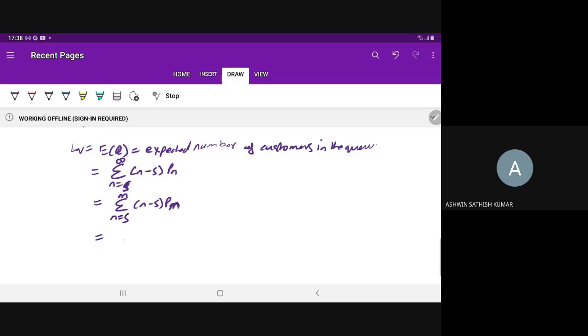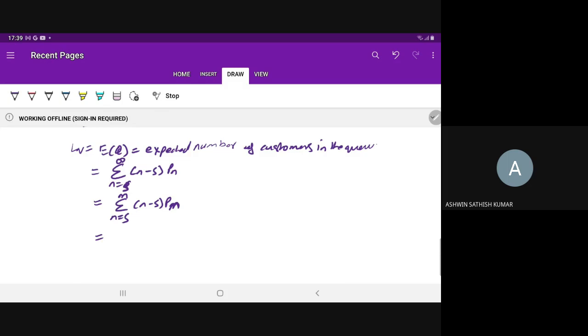So which can be written as n Pn minus s Pn. Actually I want to correlate it with the L. So here s will be 1, so we can do it using that.